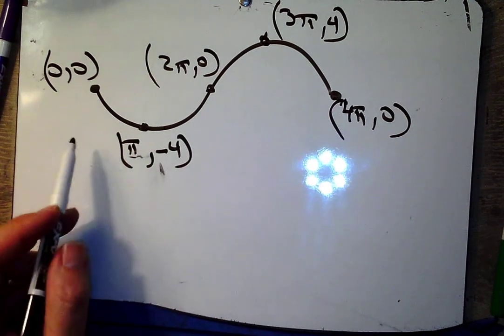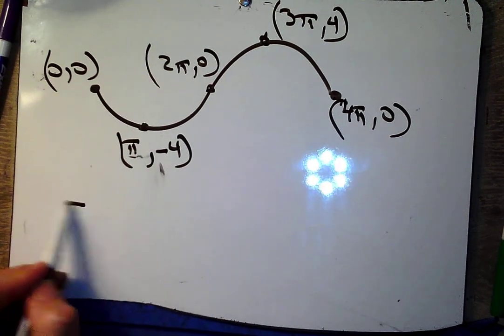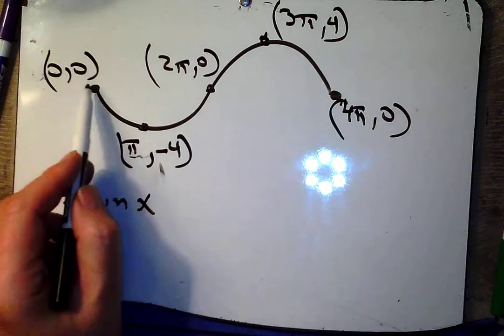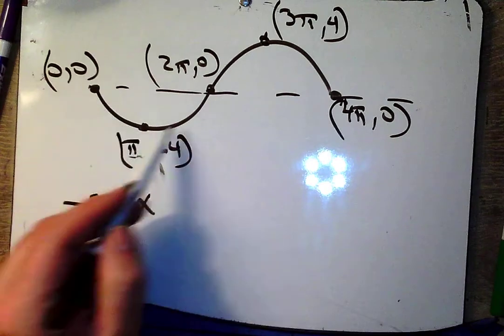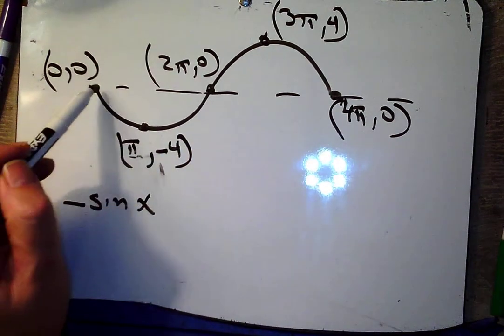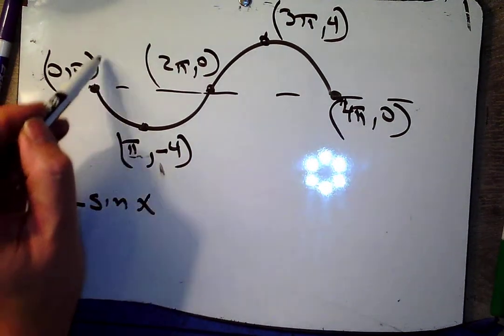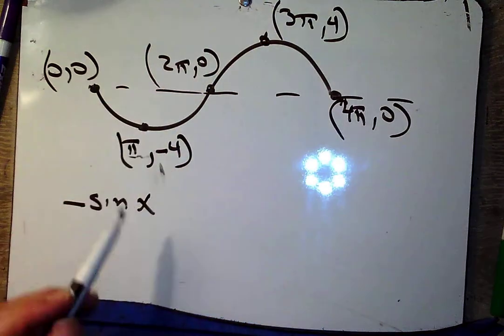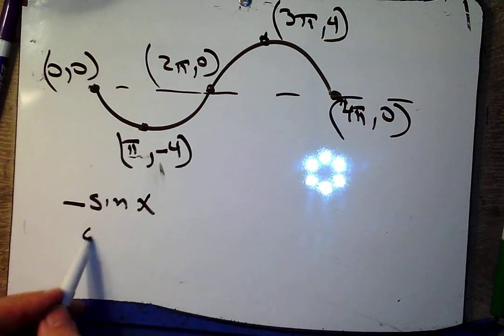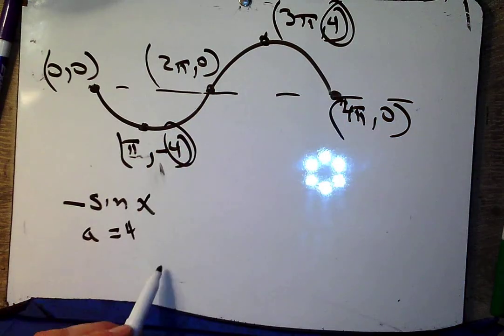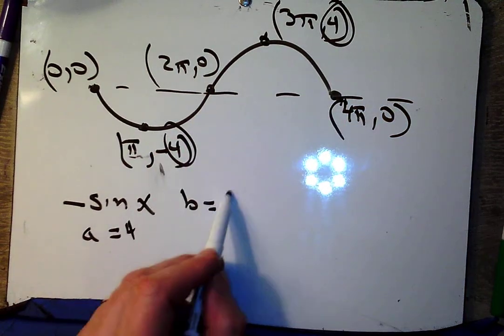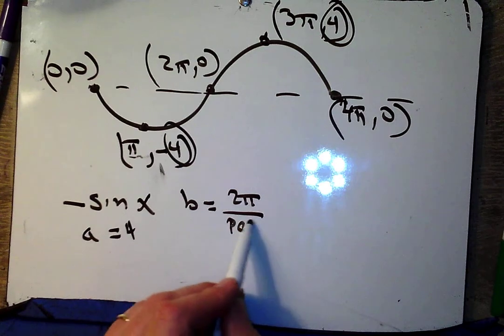Good. That's right. I like negative sine. Negative sine x because we're starting on the midline and going down. That's how we know it's a negative sine. If it were positive sine, it would start on the midline and go up. So negative sine. Our a value, yup, positive 4. And our b value is 2 pi over the period.